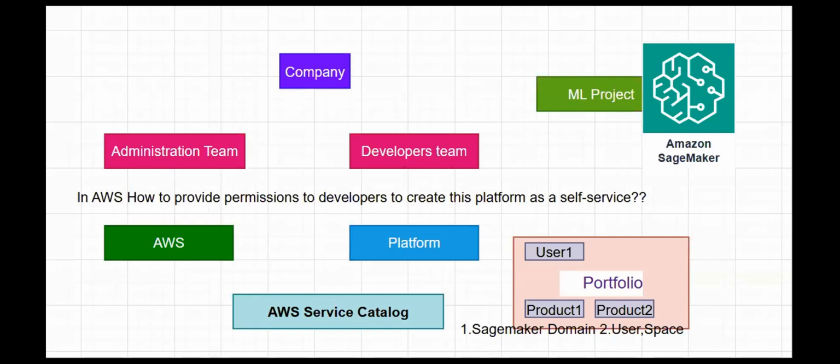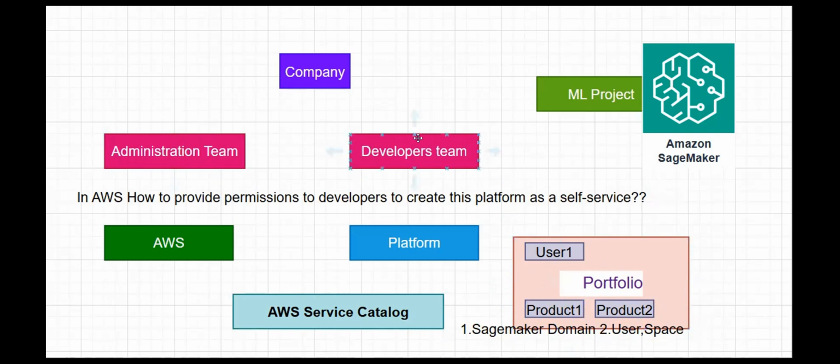Now let's recap what we have done. We utilized AWS Service Catalog. As an administrator, we created two products: SageMaker space and user as one product, and SageMaker domain as another product. Then, to provide access to these two products to developers and team users, we created a portfolio and added a developer user to it. As the admin, we did these tasks.